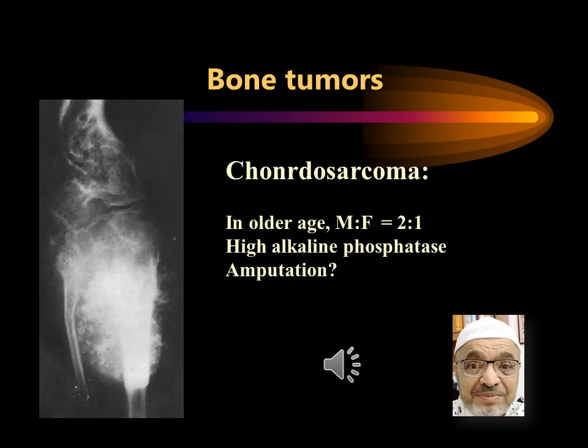Another type of malignant bone tumor is the chondrosarcoma. It happens in older age. Males are affected twice as much as female patients. High alkaline phosphatase we can find, and usually the patient will need an amputation of the distal part of the bone.